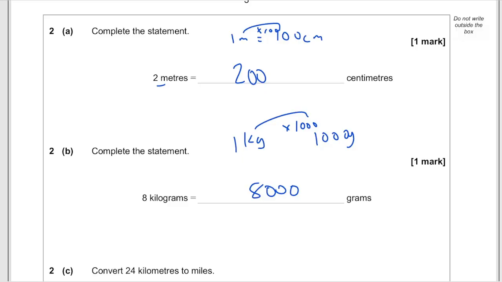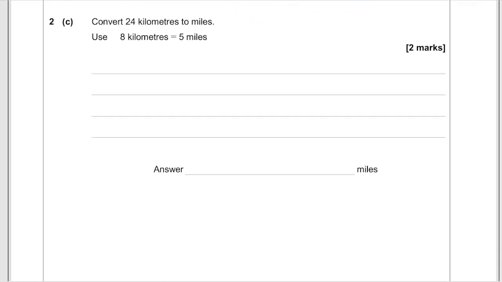And question 2C, 24 kilometers to miles. Now it gives me a ratio here to use, or a formula to use. So 8 kilometers is equal to 5 miles. So I could do it like a ratio table. So I want 24 kilometers. So how do I get from 8 to 24?